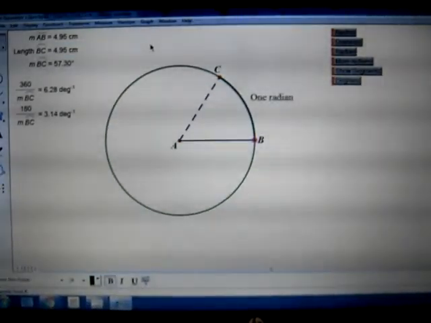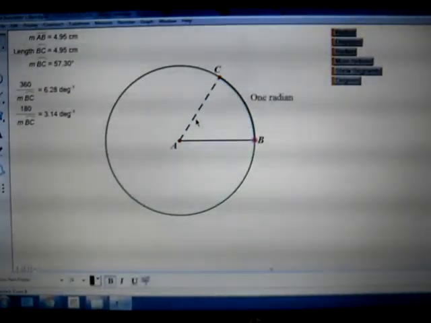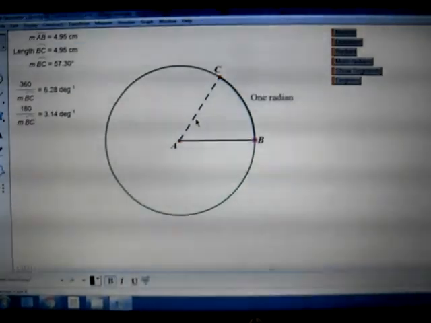So 1 radian is the angle that is formed when we connect the endpoints of an arc that happens to be the same length as the radius. That is called 1 radian. It is an angle.